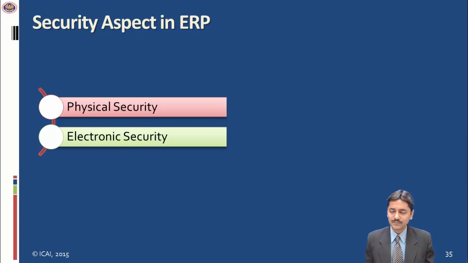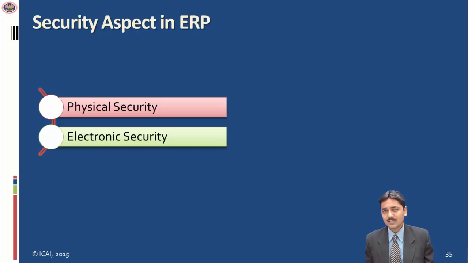Second is electronic security. While considering this aspect, the data must be made safe from unauthorized access. The person who is in the purchase department should not be given access to the sales data, sales reports, etc. He is not concerned at all with the data maintained by other departments.